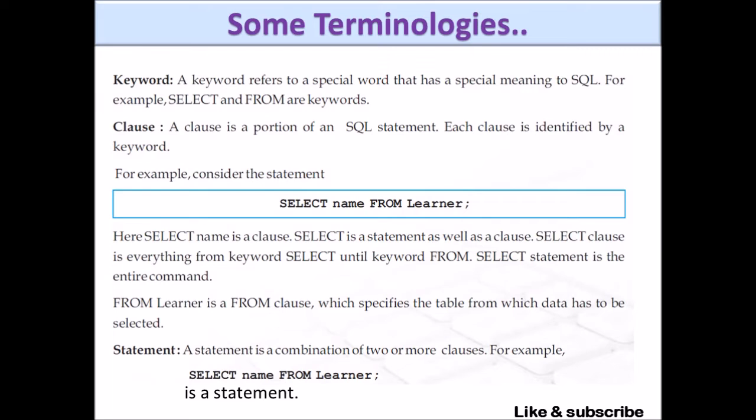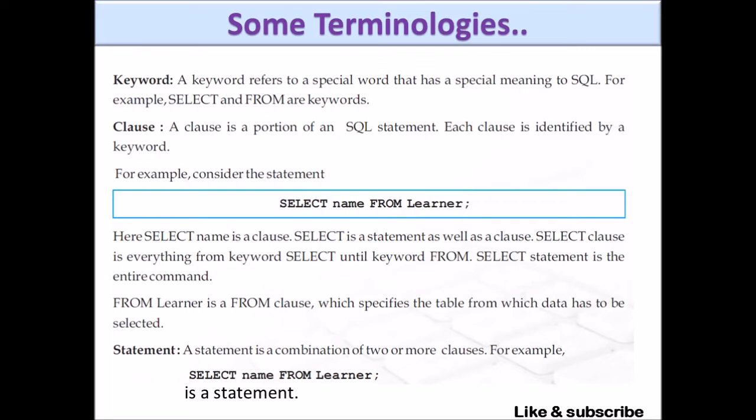Select clause is everything from the select keyword until the from keyword. A statement is the entire command. This whole thing that you are seeing here, select name from learner, is known as a statement. From learner is a from clause.